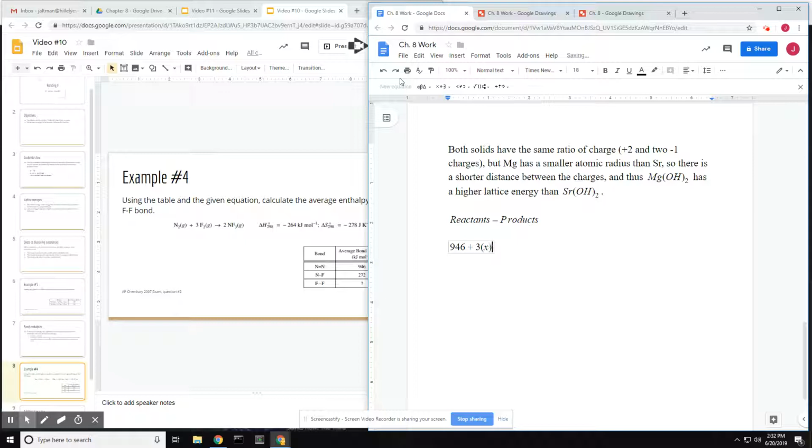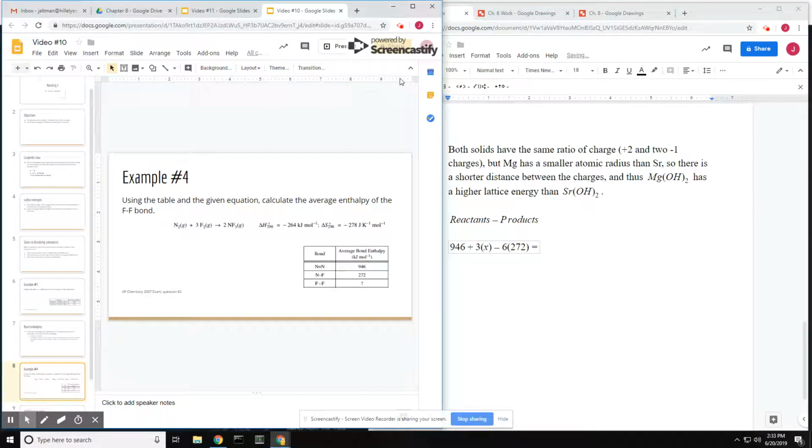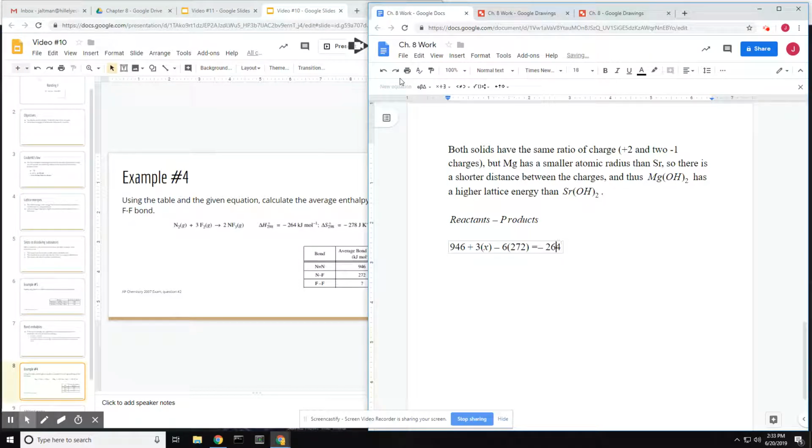I don't know what they are, so I'm going to call them X. If you actually draw out the Lewis dot structure for NF3, you'll see that there are 3 N-F bonds within it, and there's 2 of them. So I do minus 6 times 272 kilojoules per mole. And I set that equal to the enthalpy of reaction, negative 264. And then from here, you just have to solve.